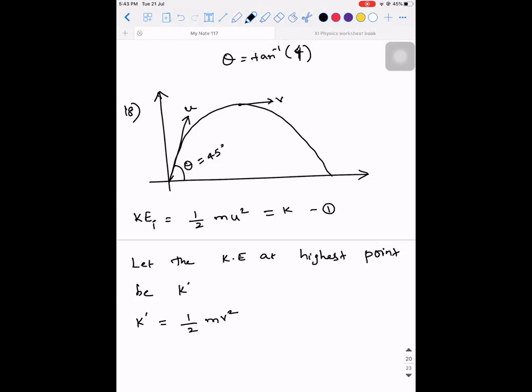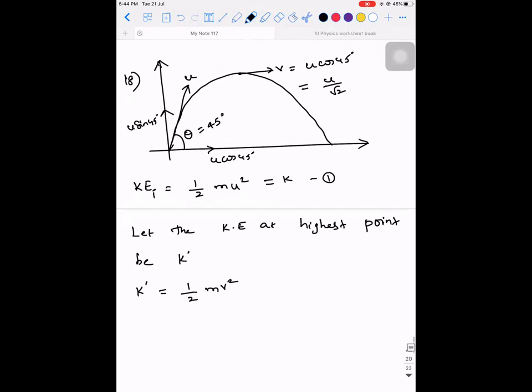Horizontal velocity. If u is the velocity with which it is projected, what is the horizontal velocity? It is u cos 45, u cos theta. And vertical velocity is u sin 45. So what will this value of v be at the highest point? It is u cos 45 degrees. Very good. So it will be u divided by root 2.